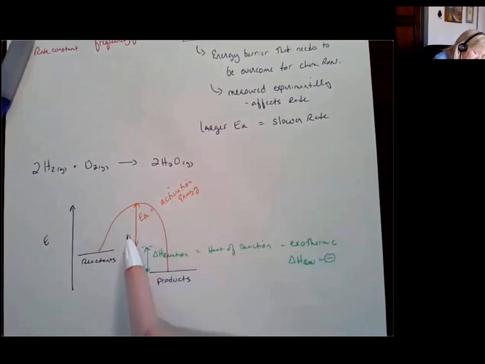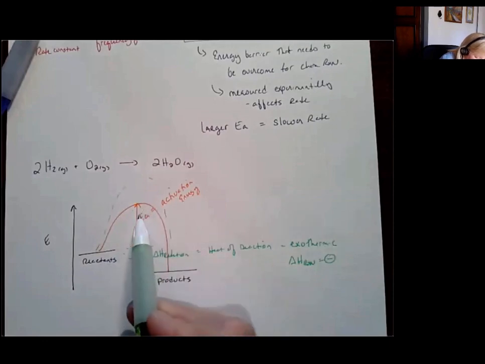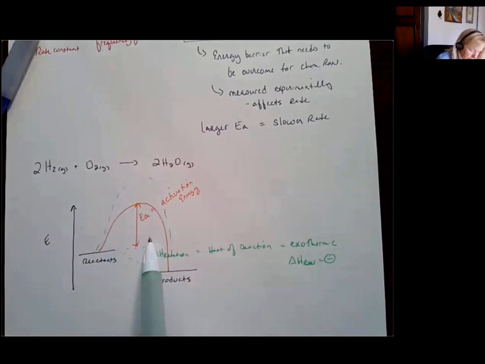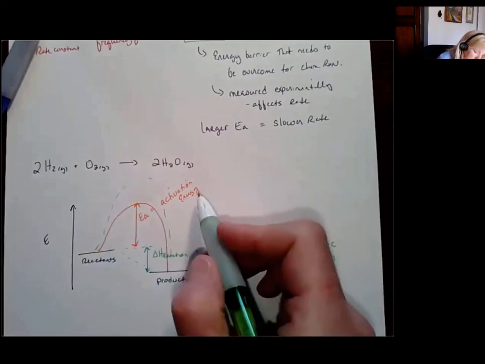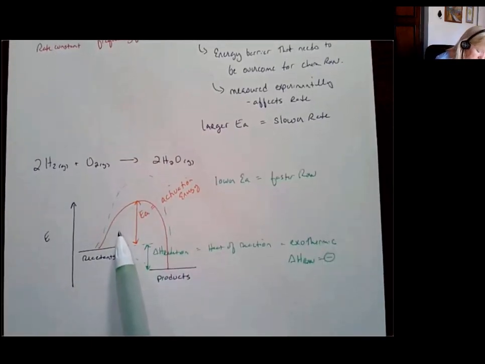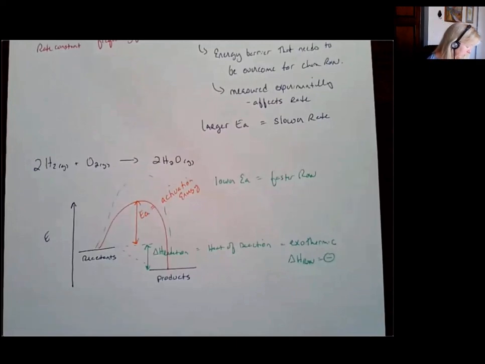If I had a lower activation energy, that's going to be a faster reaction. So the lower this is, the faster the reaction. And this can be affected by temperature. So if I add in temperature to this, then I'm going to affect that activation energy. So activation energy can be lowered by just increasing the temperature of the reaction.